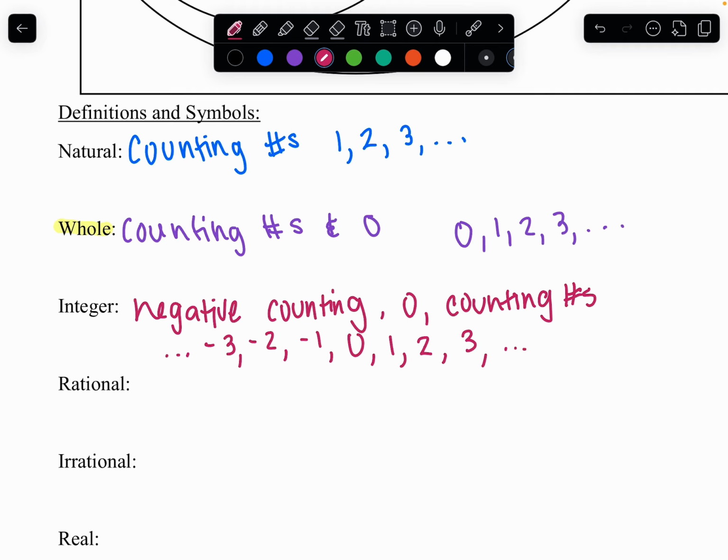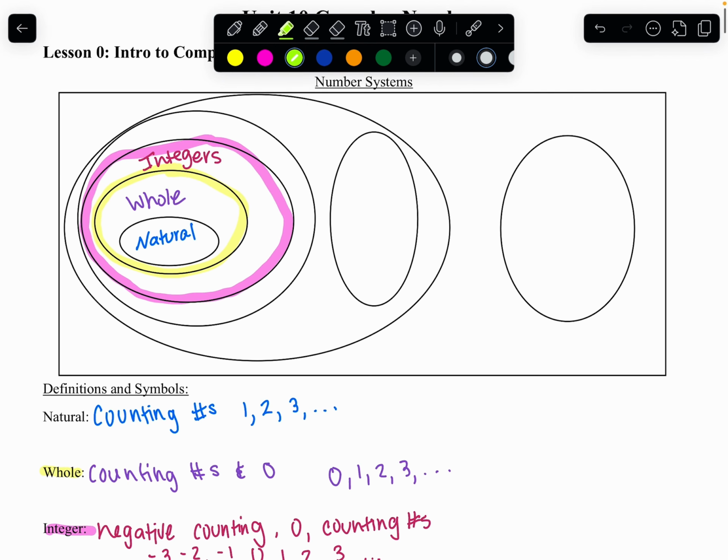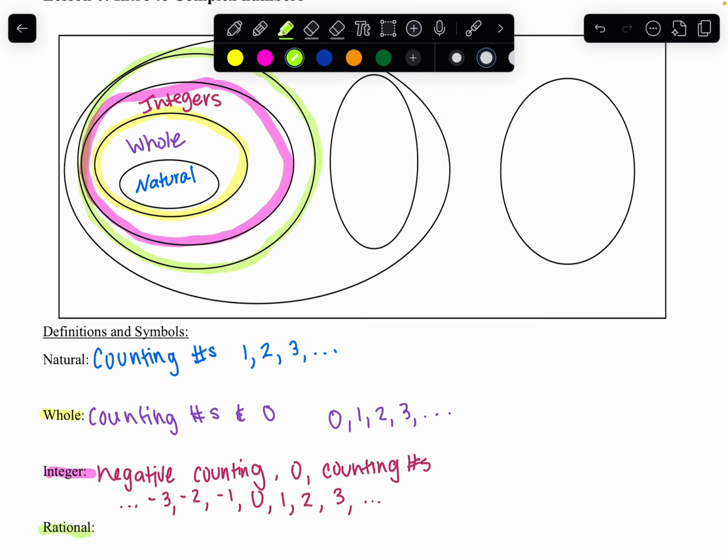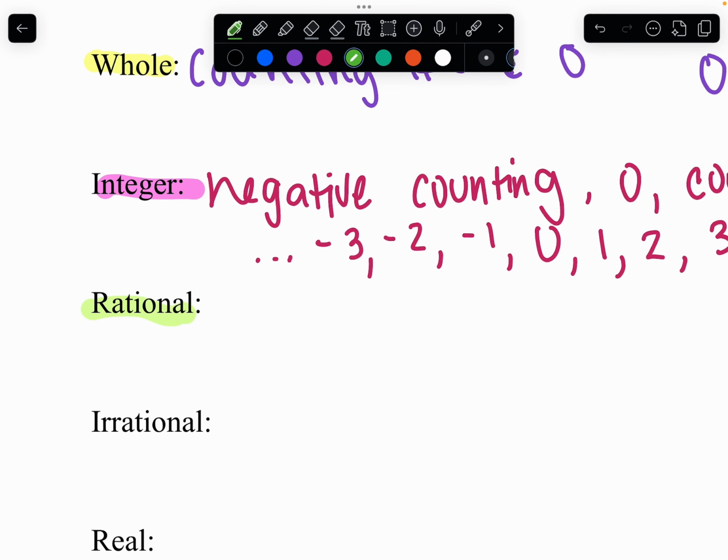Okay, and then we have rational numbers. Now, we've used rational a lot. That's everything encompassing all of your natural numbers, our whole numbers, our integers. And so rational numbers, that's anything that can be written as a fraction.